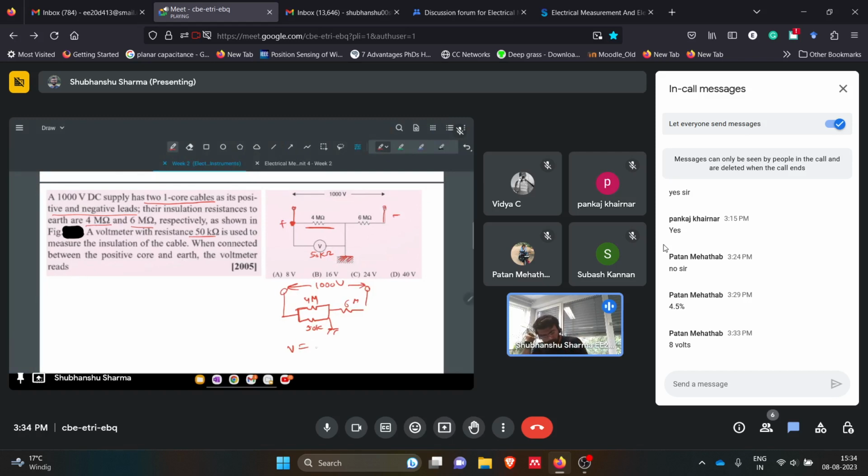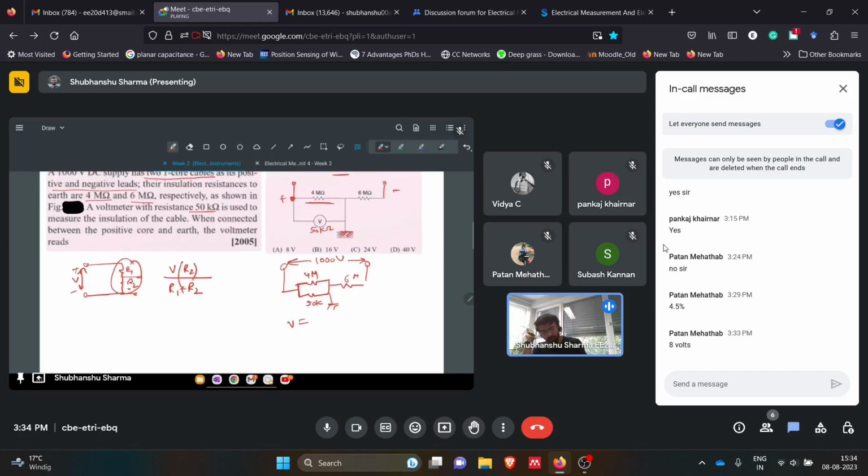I think you know this thing: if we have a voltage source V here, with plus and minus, and two resistances R1 and R2, then the voltage across R2 will be V into R2 divided by the total resistance of this branch, R1 plus R2.